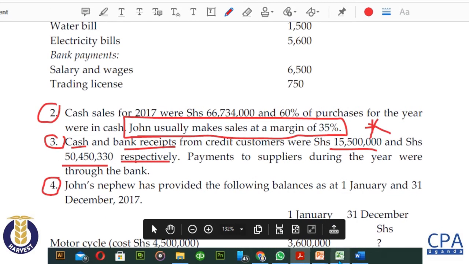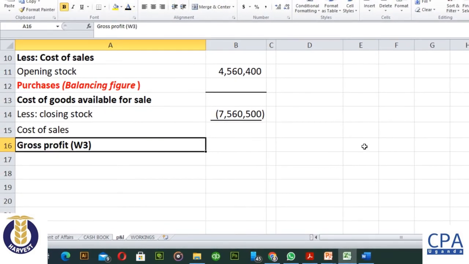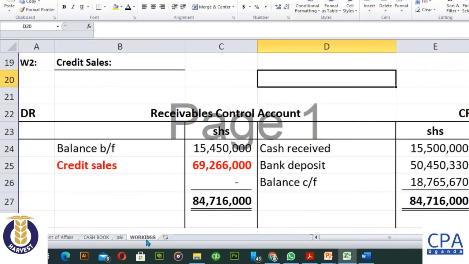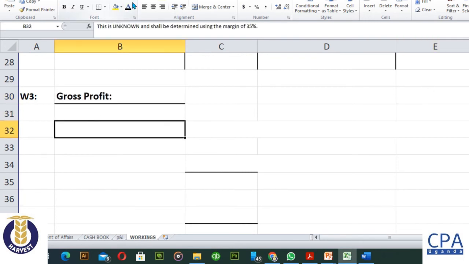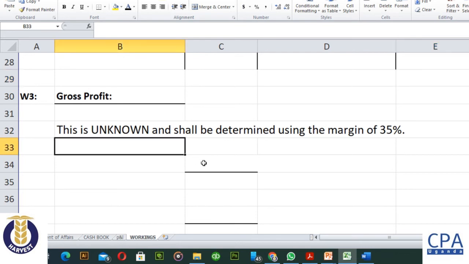So in my working, I proceed to determine the gross profit. So that is going to be our working number 3, since these are unknown due to the fact that the purchases are unknown. Now my note number 3 is focusing on the gross profit, and in the discussion I'm saying that the gross profit is unknown and shall be determined using the margin of 35% as given in the question.